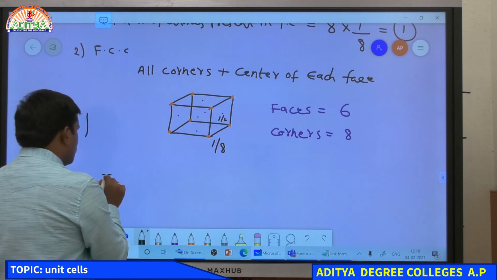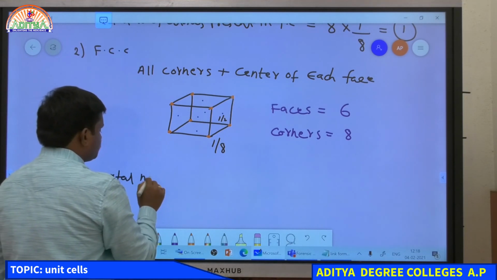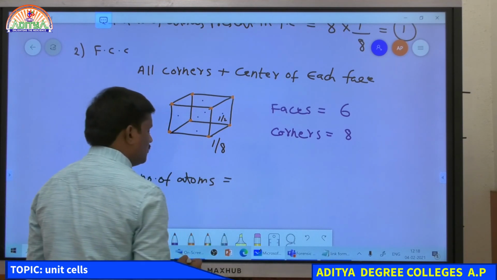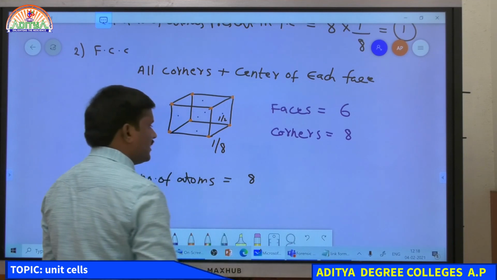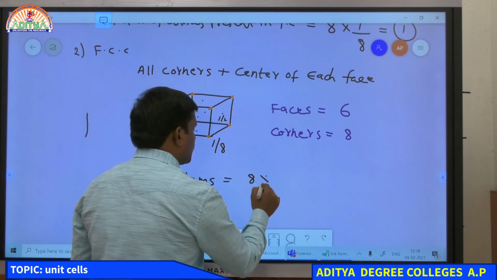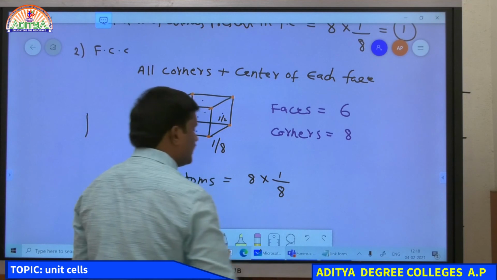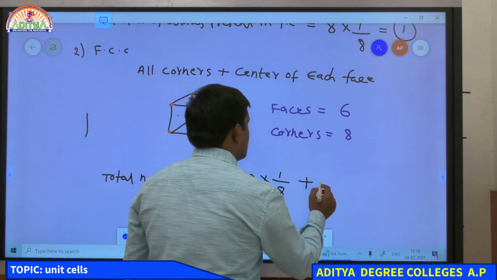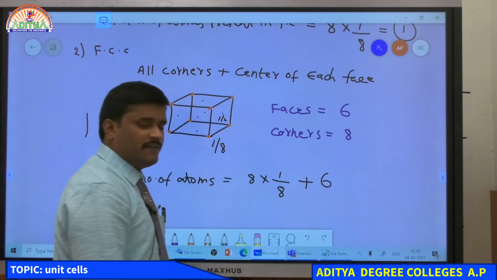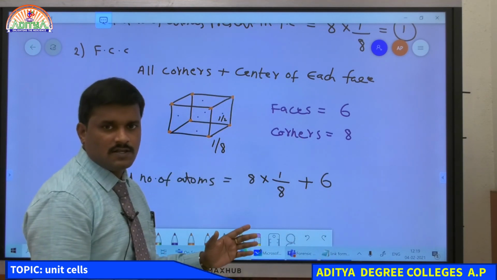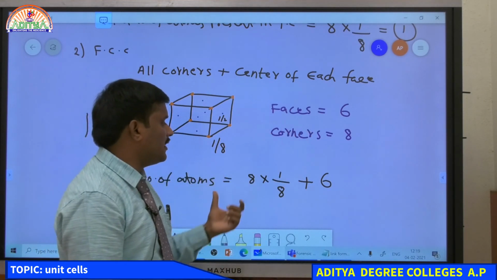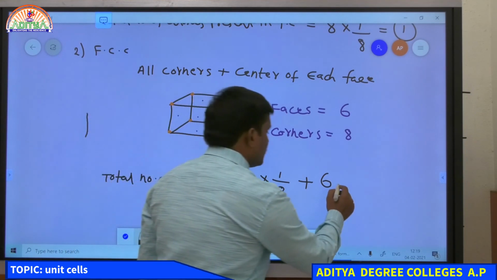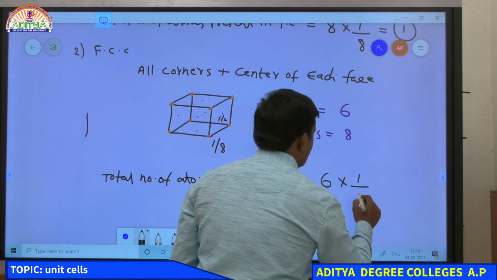Therefore, the total number of atoms is equal to: 8 points present at 8 corners, but each corner's contribution is only 1 by 8 for a single unit cell. Similarly, plus there are 6 points present at the faces. So totally there are 6 faces, each with a point at its center. Therefore, 6 points present at the faces, but for a single unit cell the contribution is only 1 by 2.